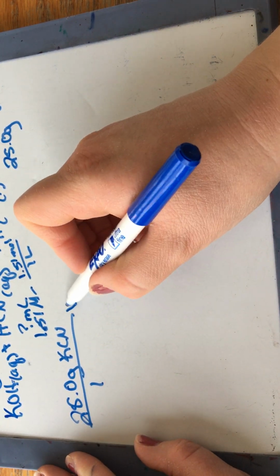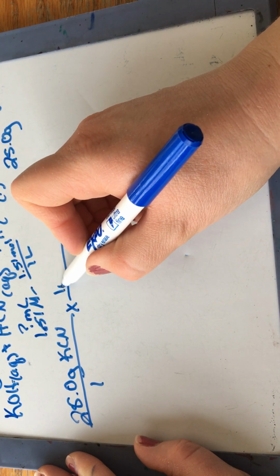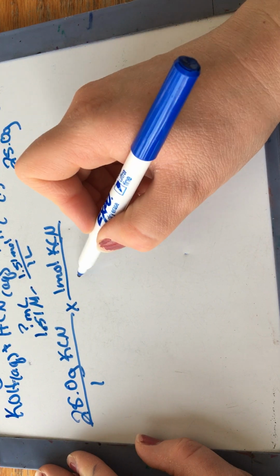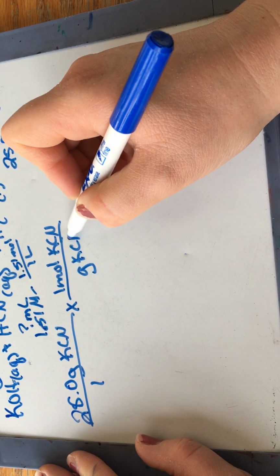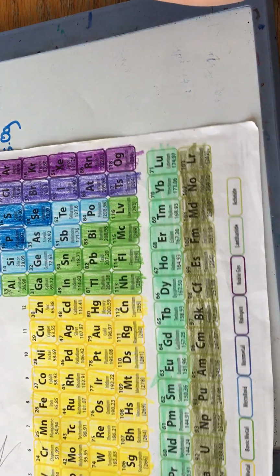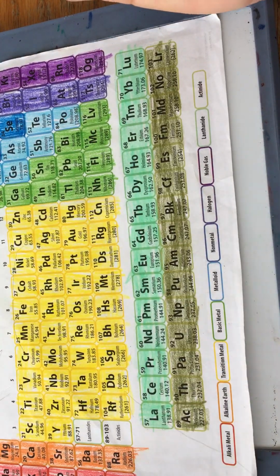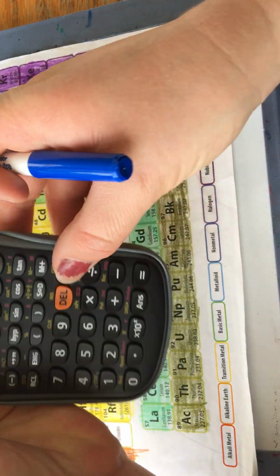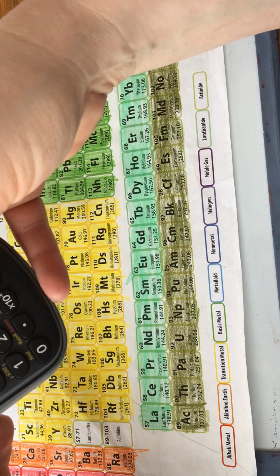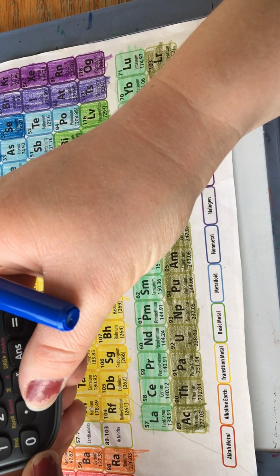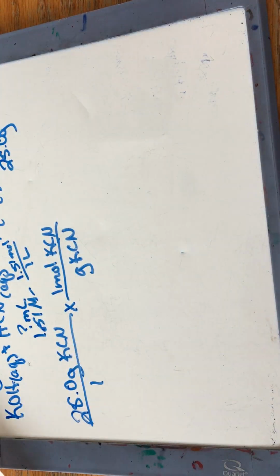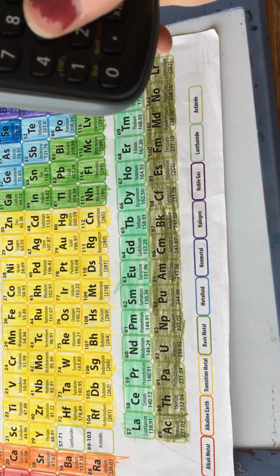Over 1. Okay, we want to get this in moles, right? So 1 mole of potassium cyanide is equal to how many grams of potassium cyanide? We got to use our handy dandy periodic chart here. So we know potassium is 39.1, and cyanide is a carbon atom, which is 12.01, plus a nitrogen, which is 14.01.